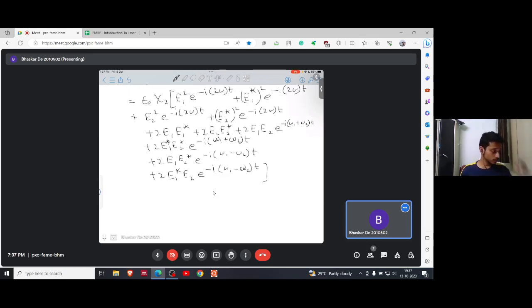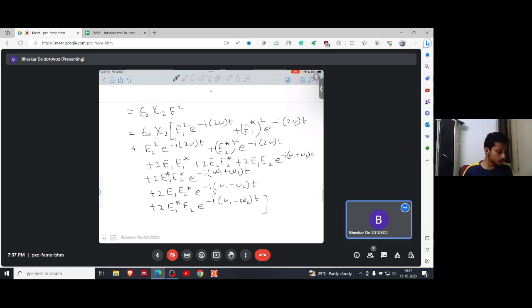So this includes the DC term, the second harmonic term, and two new terms involving omega 1 plus omega 2 and omega 1 minus omega 2.